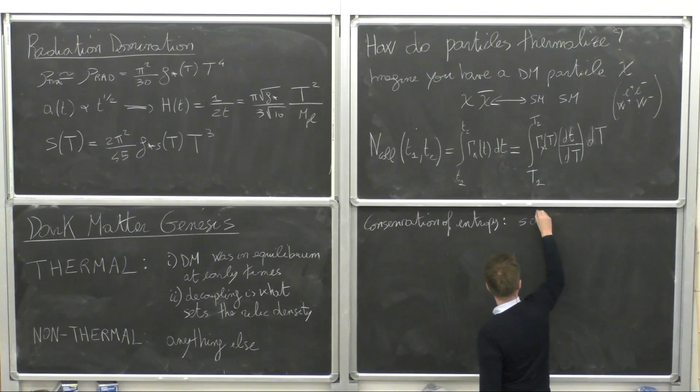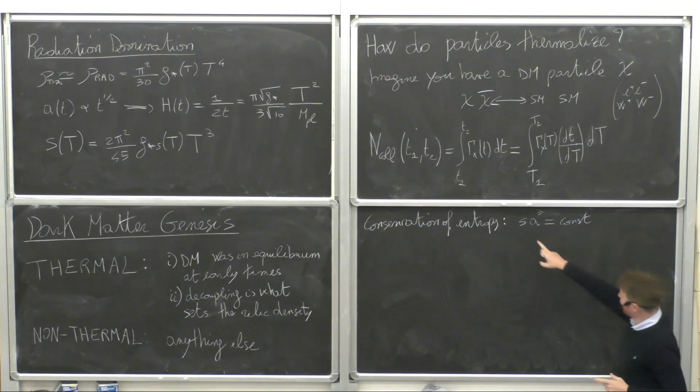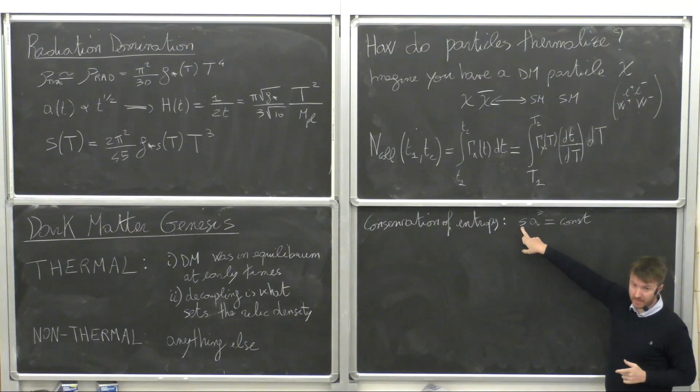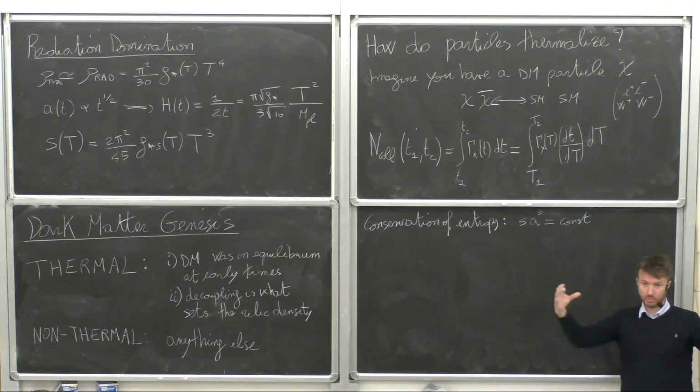You can show that for a perfect fluid, like the one that is filling the early universe, a fluid of radiation, entropy is conserved, okay? The entropy in a co-moving volume is conserved. So remember, s is the entropy density. So it is conserved only when you multiply it by a cubed, okay?